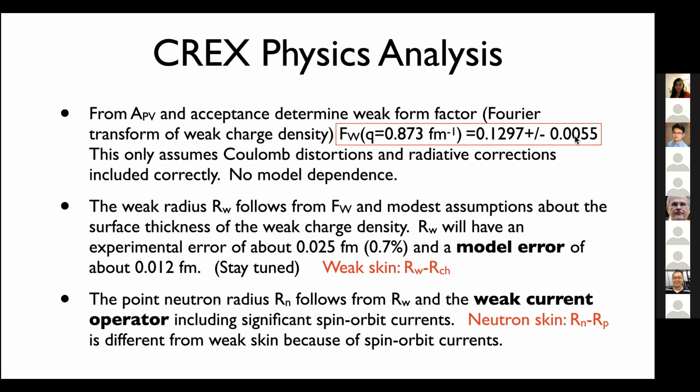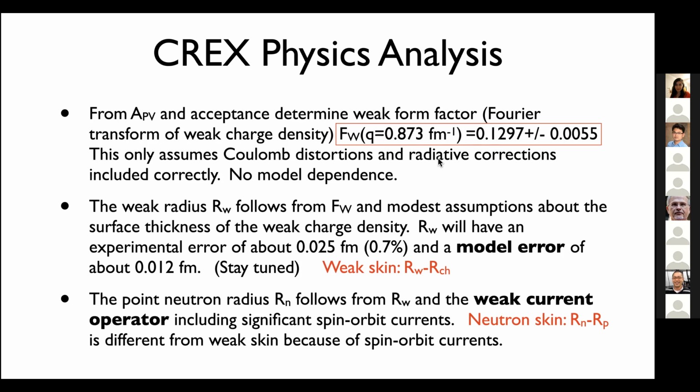So here's the CREX result. The only assumptions for this result are that Coulomb distortions and radiative corrections have been included correctly. So there's very little model dependence in this weak form factor.